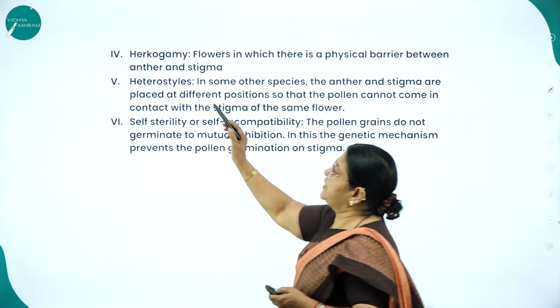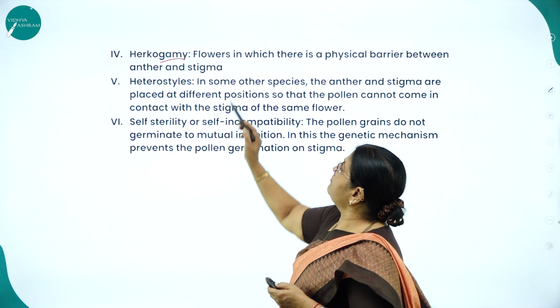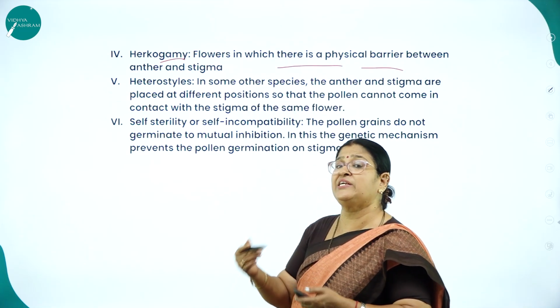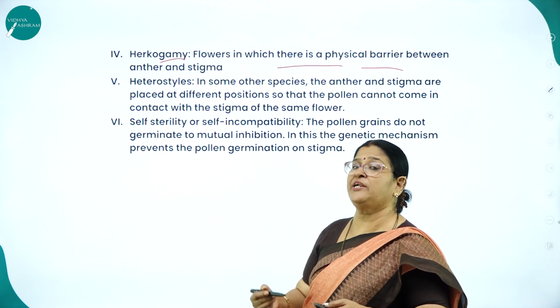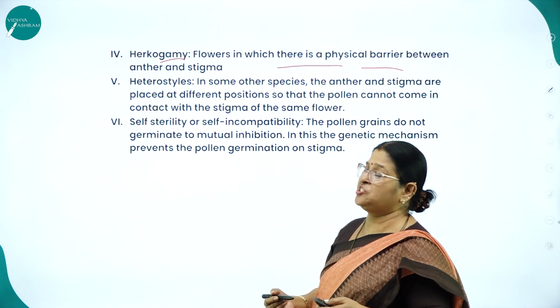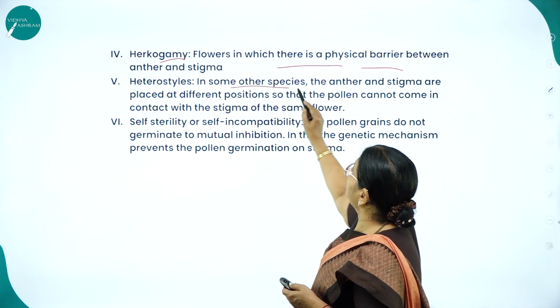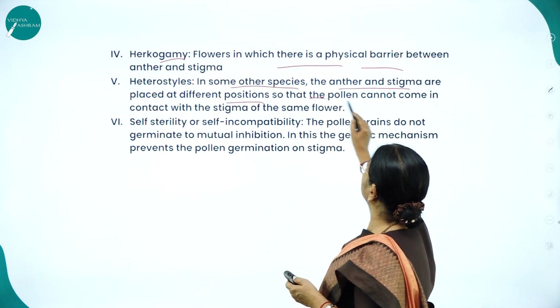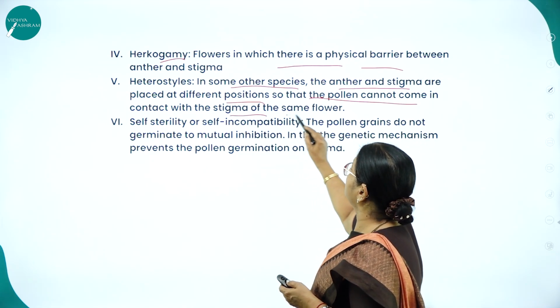Hercogamy, very important, again one of the outbreeding devices: flowers in which there is a physical barrier between anther and stigma, which hinders self-pollination. Heterostyly: in some other species the anther and stigma are placed at different positions so that the pollen cannot come in contact with the stigma of the same flower.